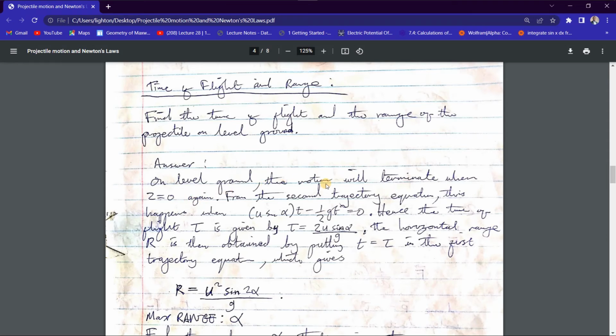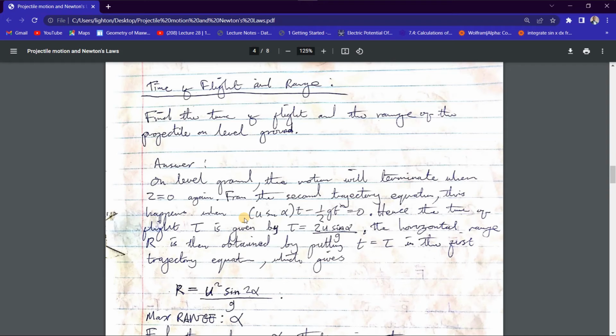On level ground, the motion will only terminate when z is 0, that is, the z component of displacement is 0. Why is it 0? Because the object will come back to its starting position in terms of displacement.